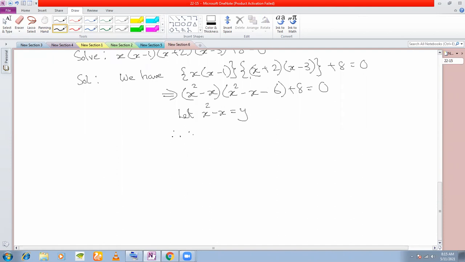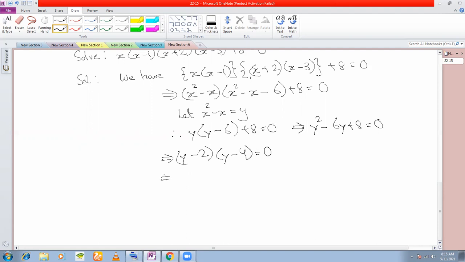Therefore, you get y into y minus 6 plus 8 is equal to 0. Expressed in quadratic form, y square minus 6y plus 8 is equal to 0. Now you can factorize this into y minus 2 into y minus 4 equal to 0. That means you have either y is equal to 2 or y equal to 4.